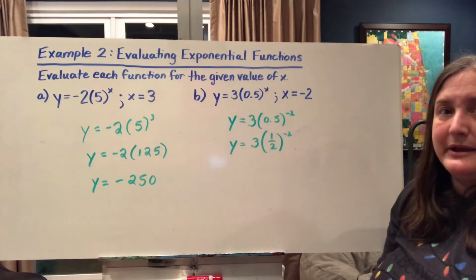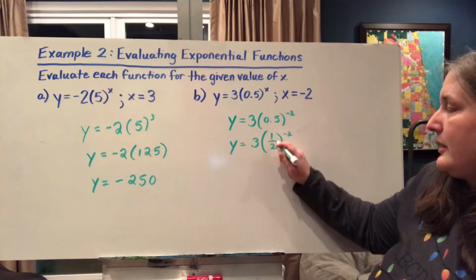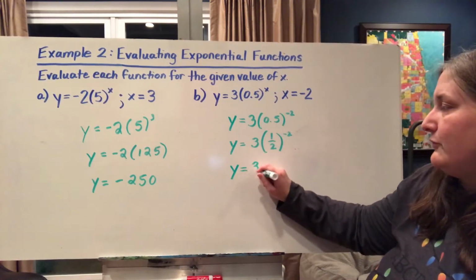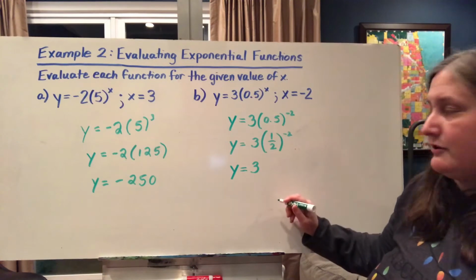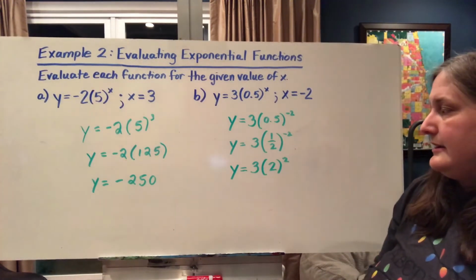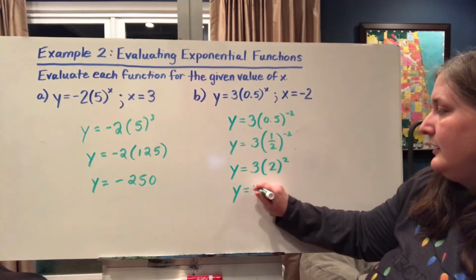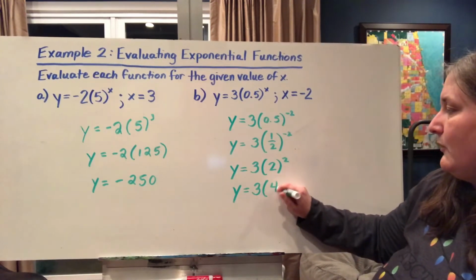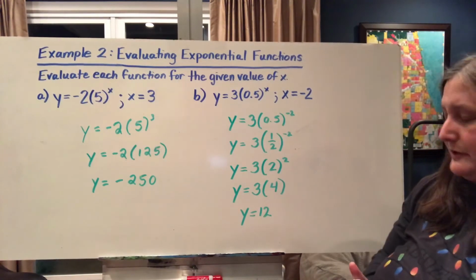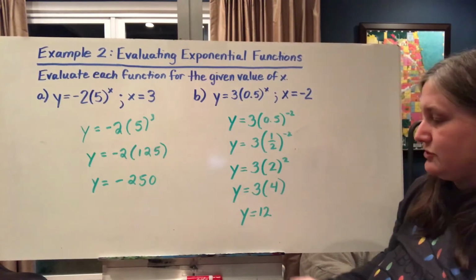And in order to make my negative exponent positive, I want to do the reciprocal. So having 0.5 in fraction form, 1/2, is going to make it easier to find the reciprocal. It's going to be 2 to the 2nd power. Now I'm going to solve my exponent. So 3 times 4, which gives me the final answer here of 12. So I've evaluated these exponential functions.